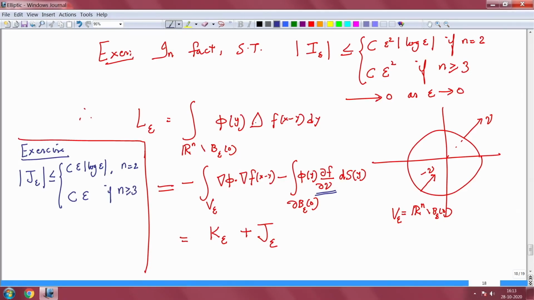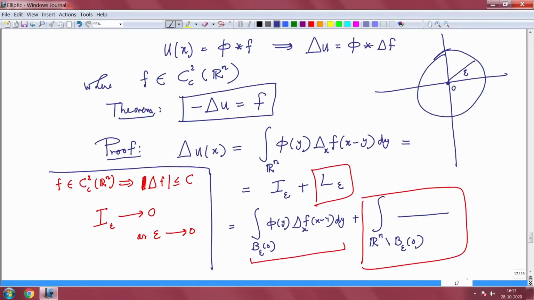Of course, mod log epsilon tends to infinity, epsilon tends to 0, but you know that this product goes to 0. So, again this goes to 0. So, this J epsilon component goes to 0. So, only remaining is my K epsilon.